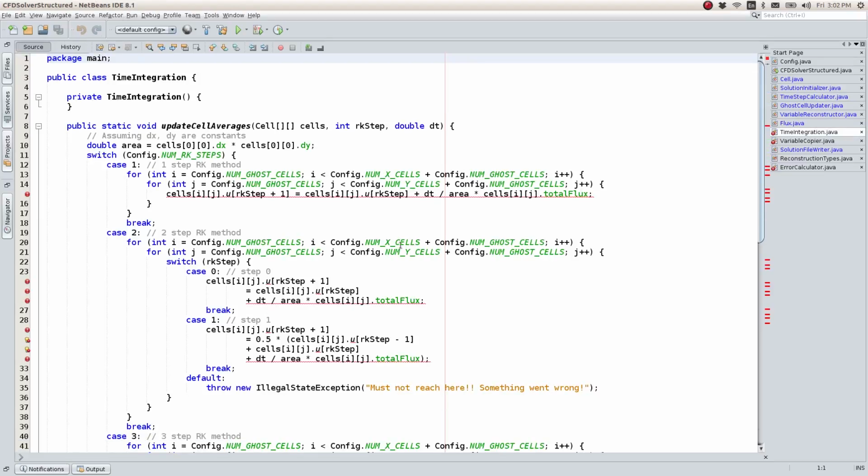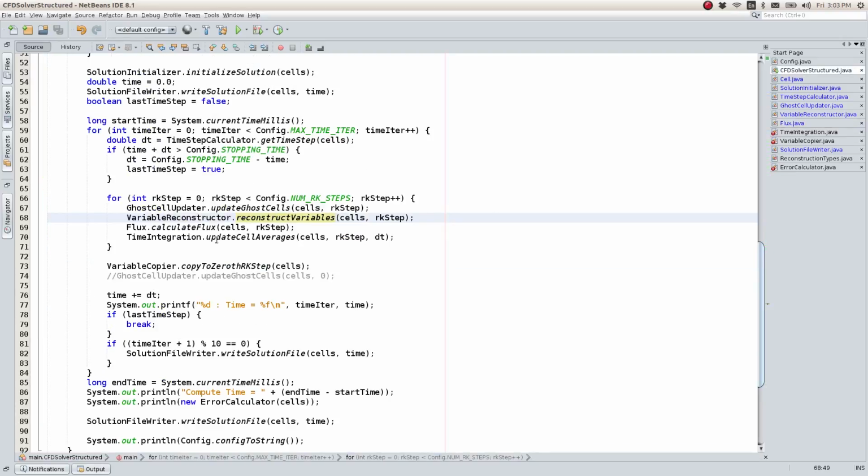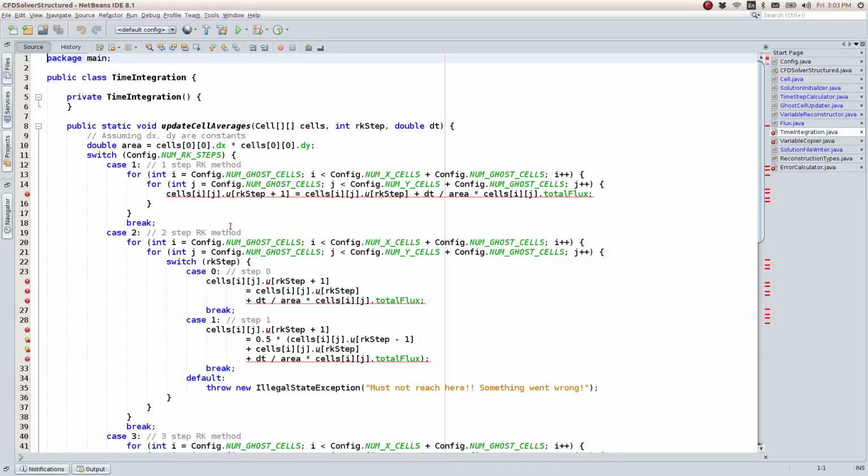I don't think this is going to be very difficult because we have to just update the cells. Okay, let me first of all look here. So the next thing is calculation of flux. Now flux is done. The next thing is update. Okay, next one is time integration. So area is this, number of RK steps.